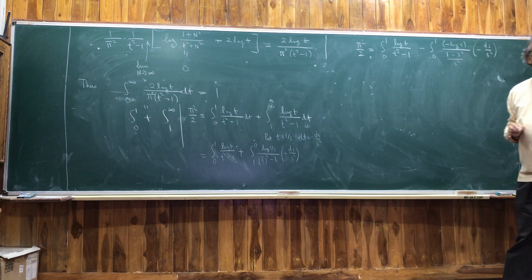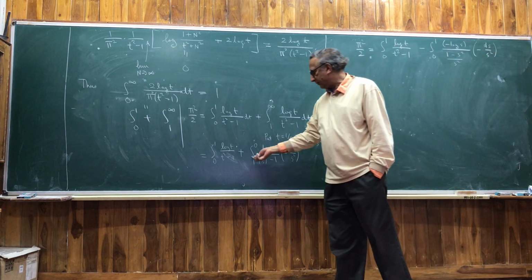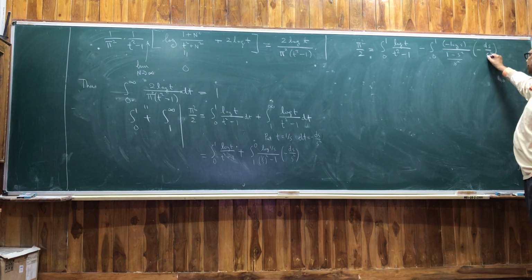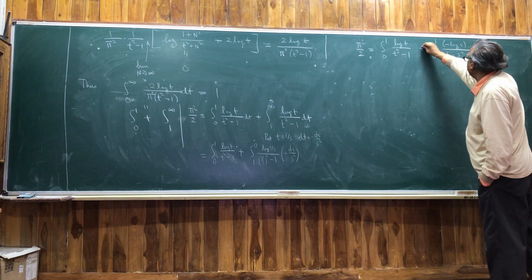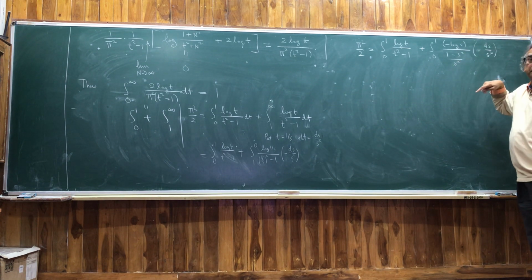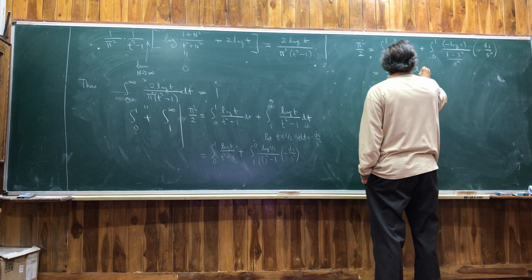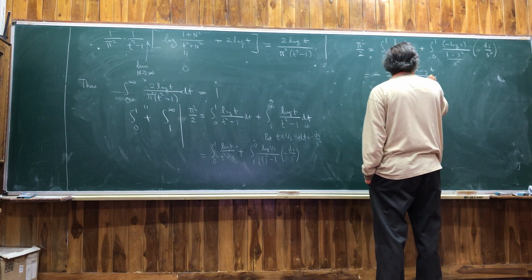Is that correct? Where's the minus? You had already taken this minus sign outside. No, I interchanged 1 to 0 to 0 to 1. So this minus sign and this minus sign becomes a plus. Fair enough? And then I get log s over s squared. So I get 2 times the integral 0 to 1 of log t over t squared minus 1. And I'm going to write this as minus 1 minus t squared.